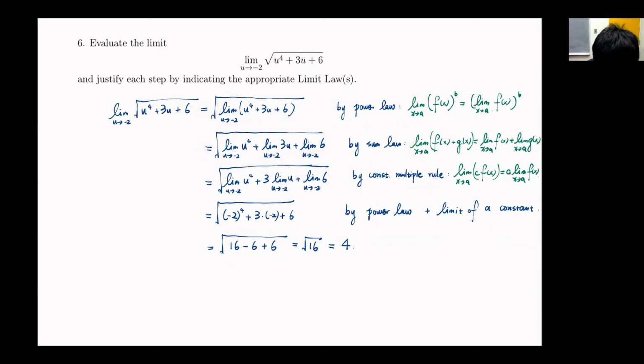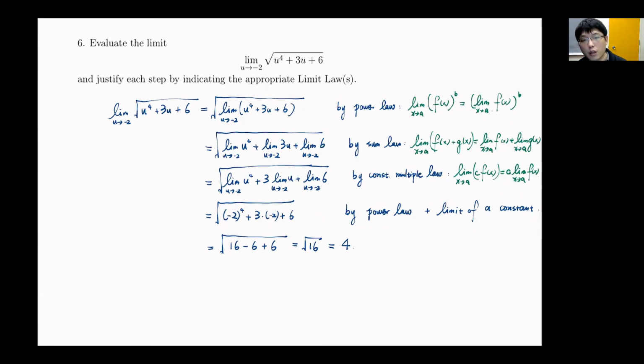I would better say law, because rule is probably the term reserved for derivatives. For limits, we use law. Then you certainly need to say power law over here and the limit of a constant over here. So this is how you can write in the exam. You can simply forget about this part.